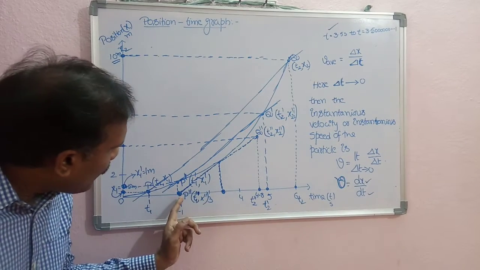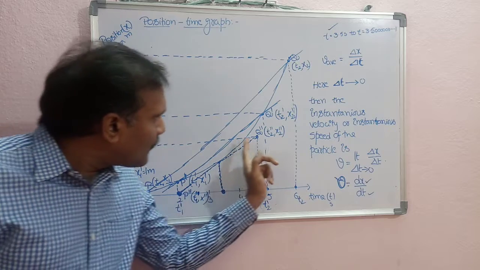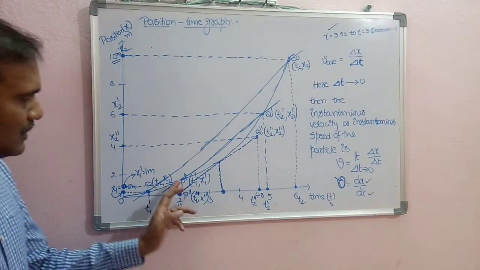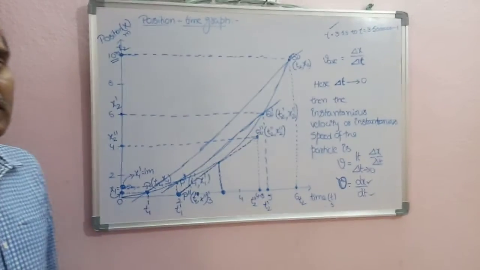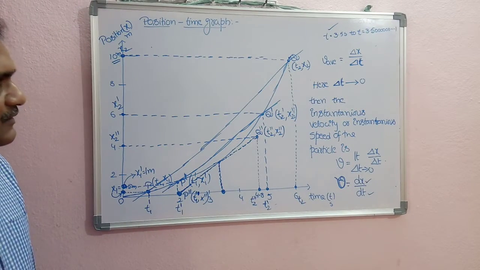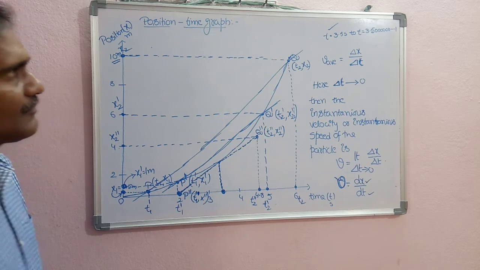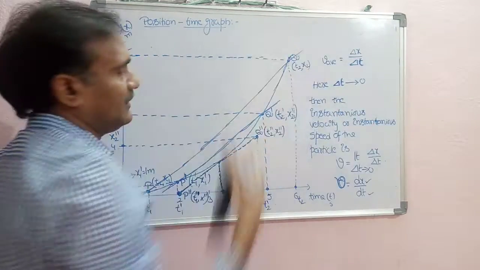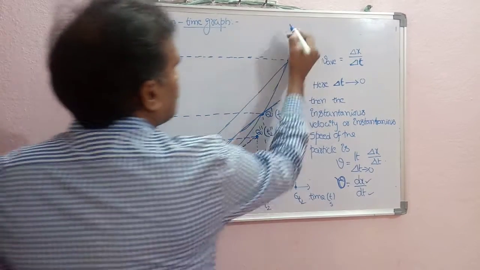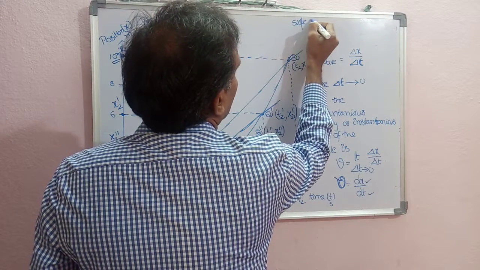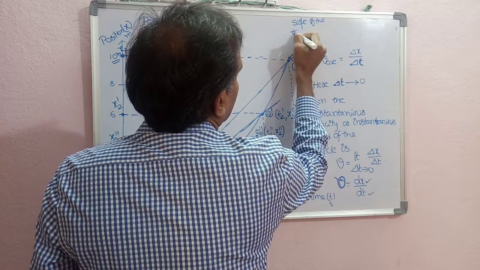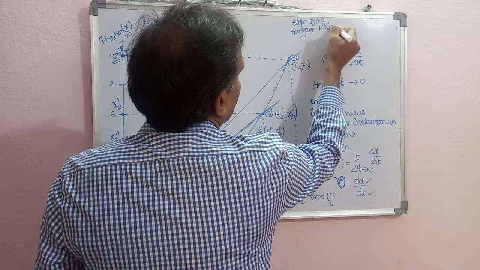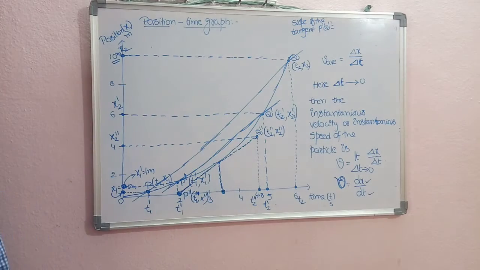Now you tell me, what is the slope of this p double dash and q double dash indicates? Tell me. I want to indicate this here. Slope of the tangent p double dash q double dash is equal to how much?